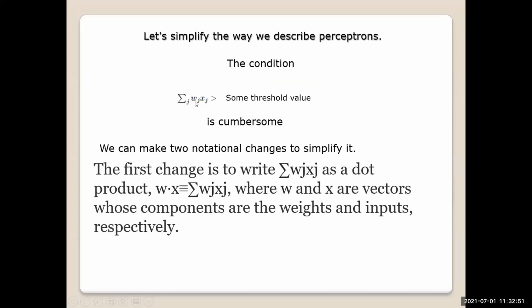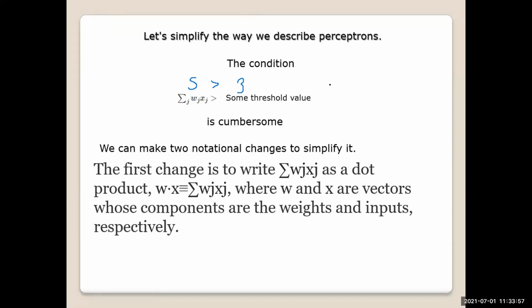So here our condition was if this is greater than some threshold. Right now let me just call this whole thing S, sigma. So if the sum S is greater than, say, 3, then we're going to send out a 1, and if it's less than 3, we're going to send out a 0.